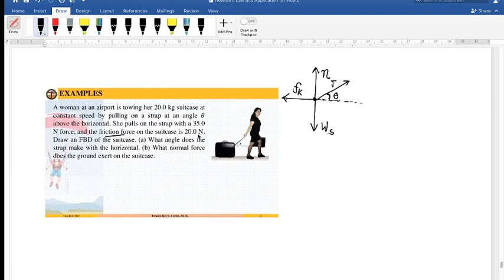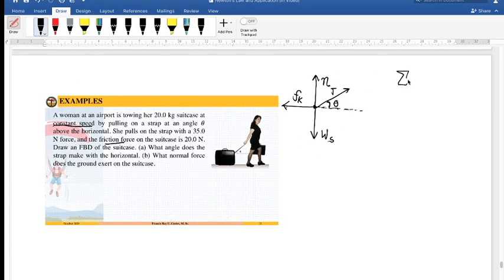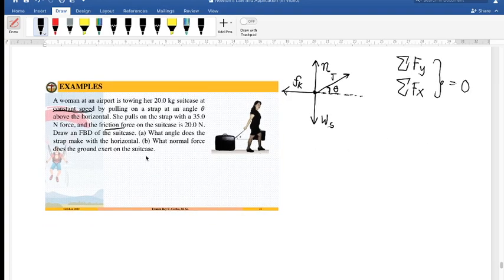Even though it is moving using the strap pulled by the woman, remember the words constant speed. If it is at constant speed, therefore this suitcase is in equilibrium, meaning the summation of forces along y and the summation of forces along x are both equal to 0. So we have to find the angle first.